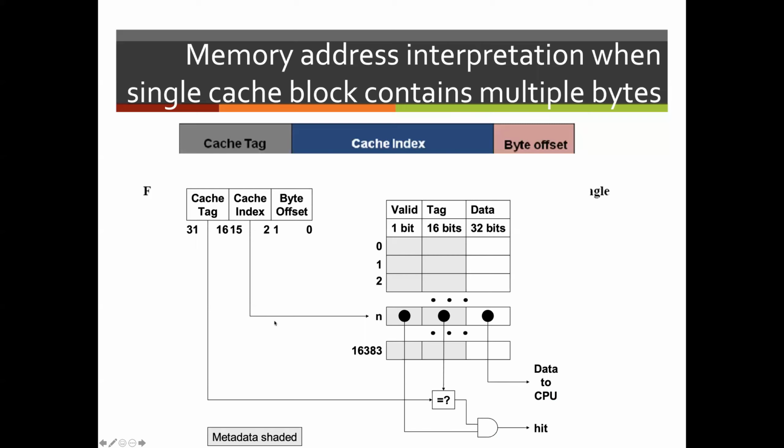We have our cache tag that will go to our comparator to determine where it's located in the cache. We have our cache index, and then we also have our appropriate data to the CPU that can be utilized.